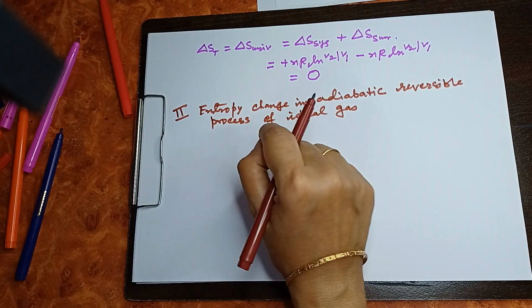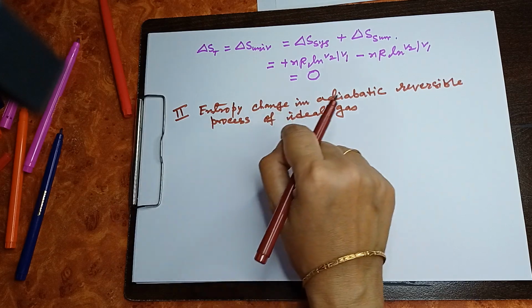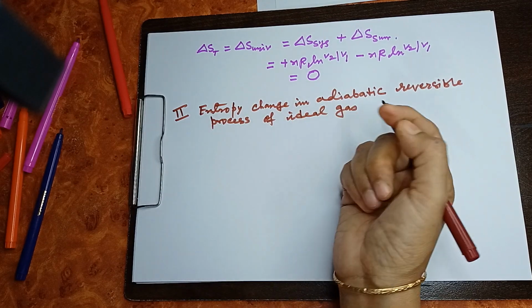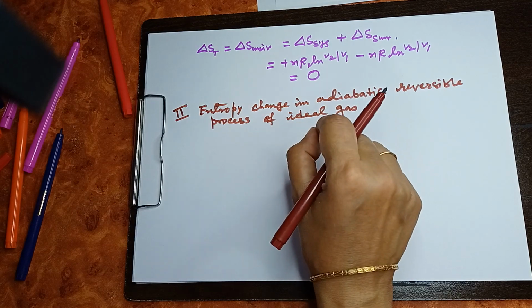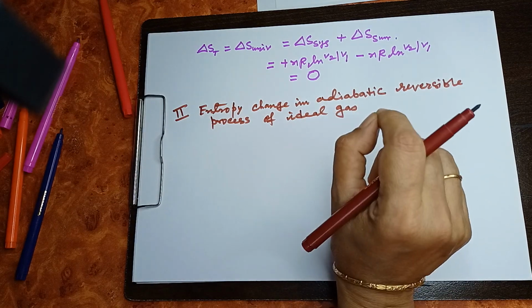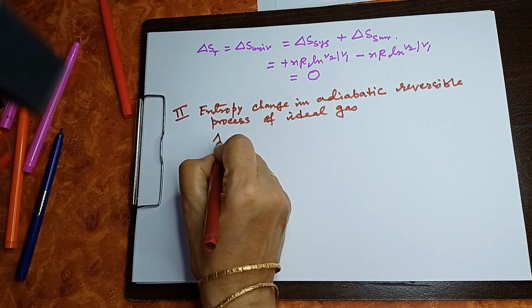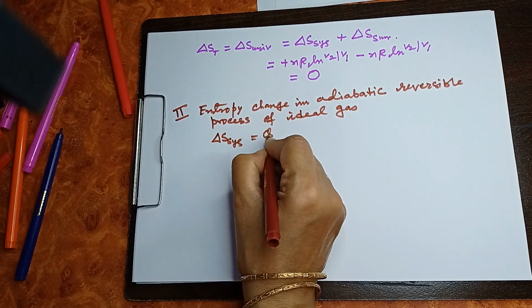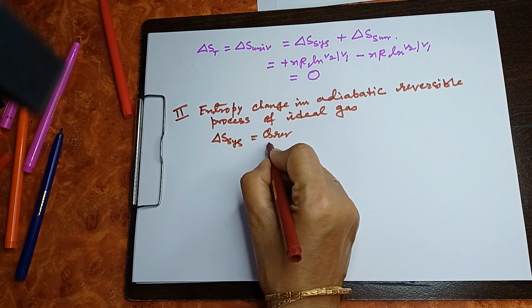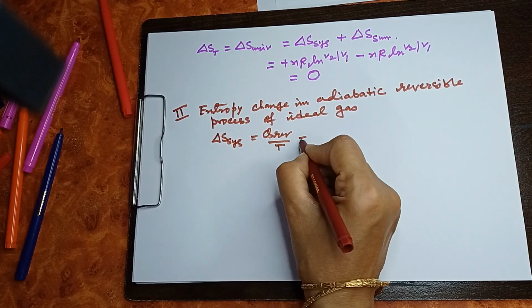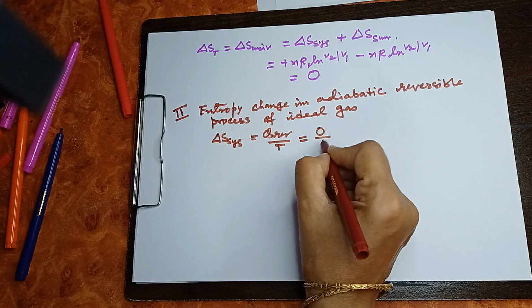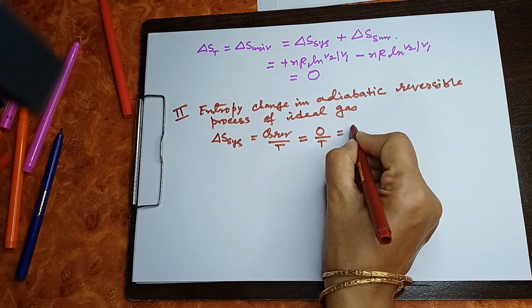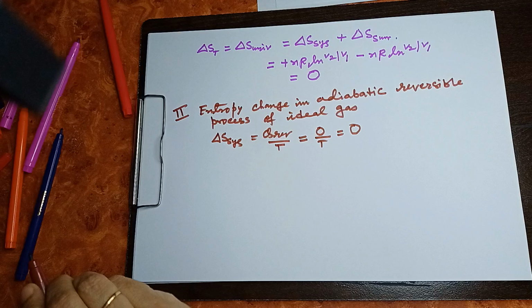No heat is absorbed by the system from the surrounding, and in other words, surrounding is also not releasing any heat. So delta S system, which is equal to Q reversible by T, is equal to 0 by T. So it is 0.